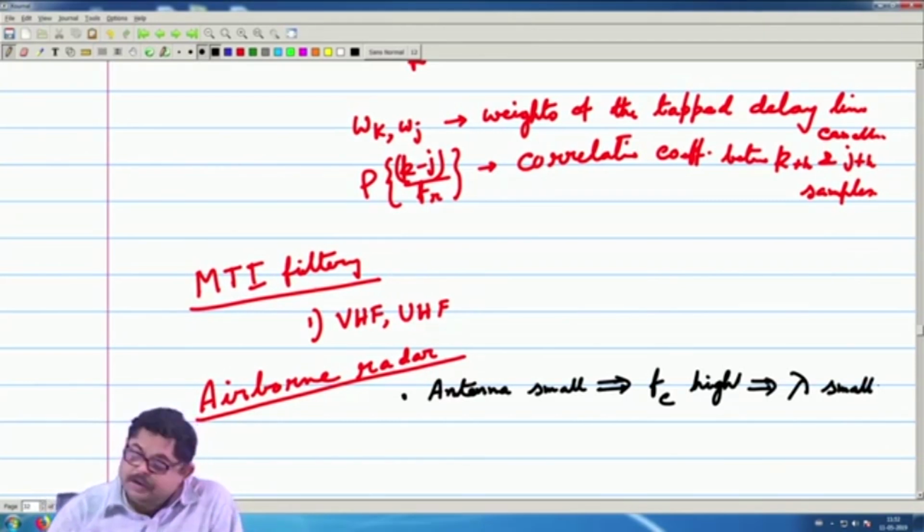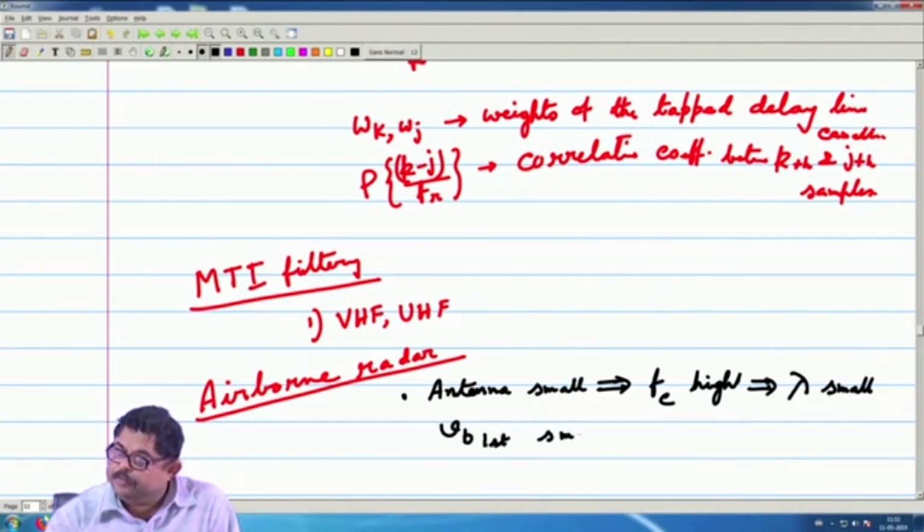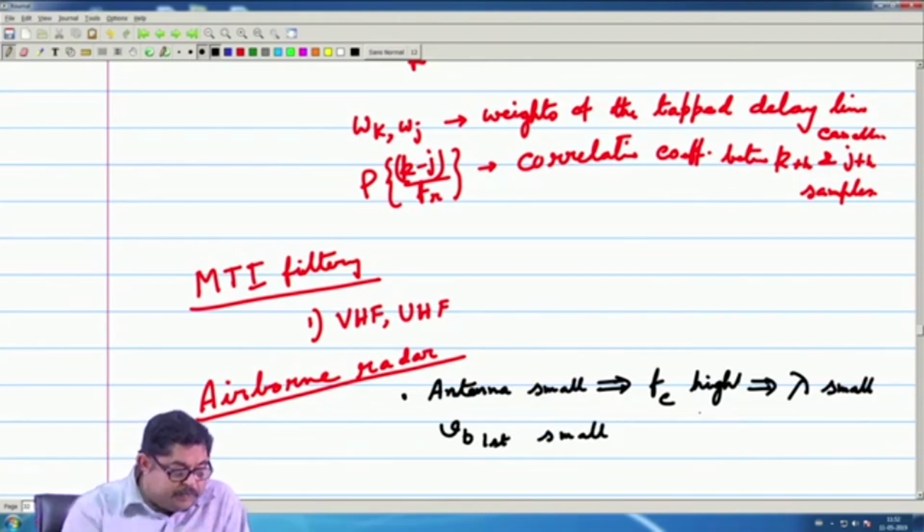So its blind speed, the V blind, is small, because if lambda is small, we know that the blind speed is small.